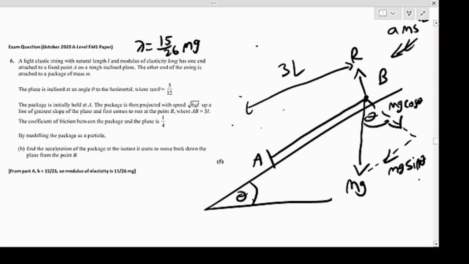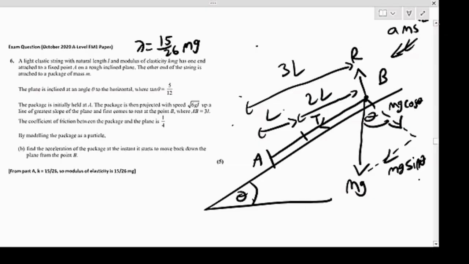So let's say this is my natural length L. Then the extension is 2L. Okay. Hopefully happy with that. And so then you can imagine the string is being stretched to the particle. So it's been stretched upwards, which means the tension has to act down the string like this.